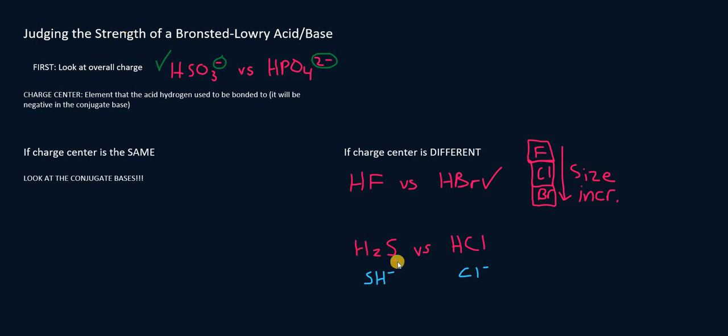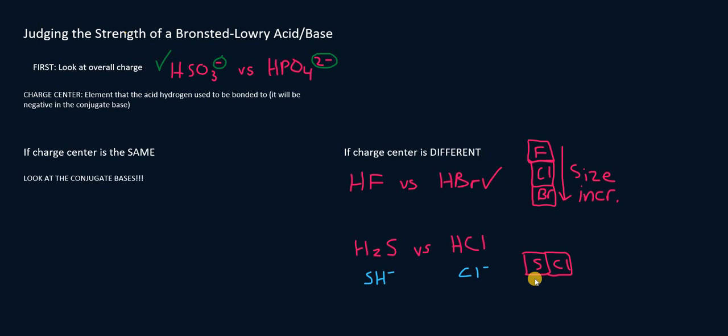So let's look at the other situation where we see this happen. So let's take these two acids. We have H2S and we have HCl. Now I know you could also look at HCl this time also and say, hey, HCl is one of my 6 strong acids. I know it's going to be stronger than H2S. Well, let's again apply our logic to this situation. So what's the relationship between S and Cl on the periodic table? Well, they're right next to each other on the periodic table, right?